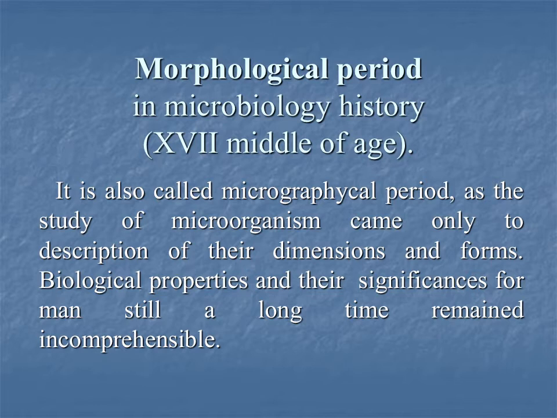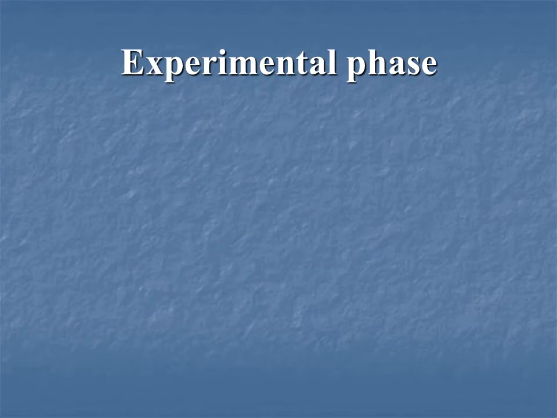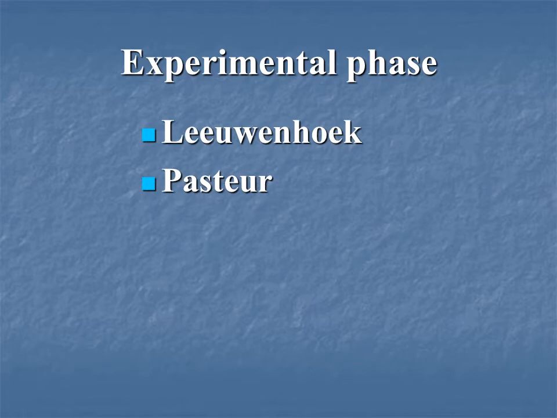Biological properties and their significance for man remained incomprehensible for a long time. The experimental phase is connected with the names of scientists like Leeuwenhoek, Pasteur, Koch, and Lister.